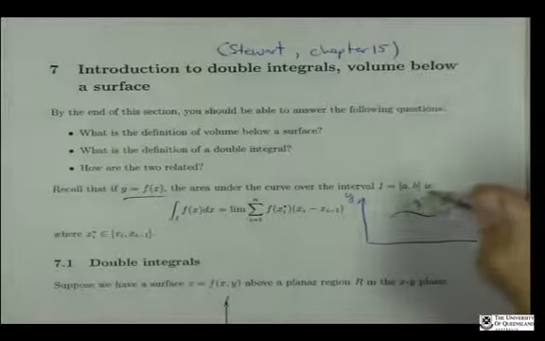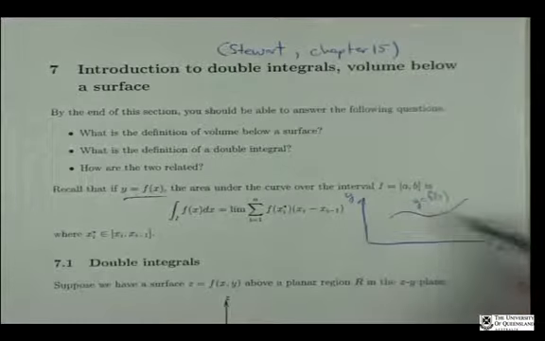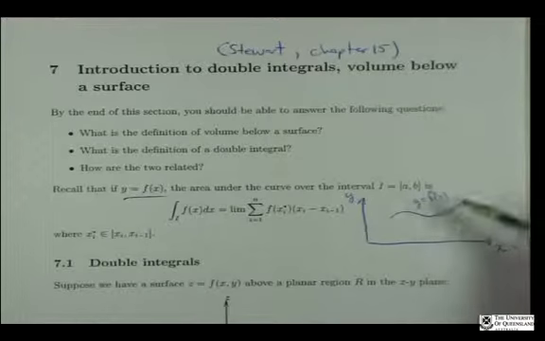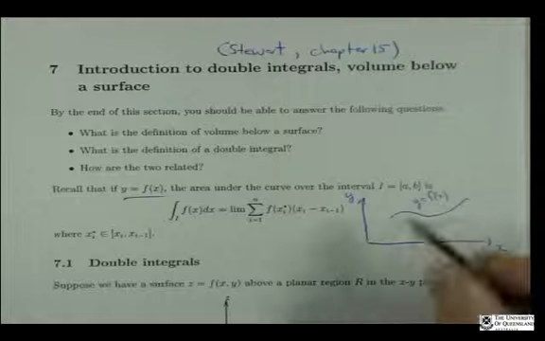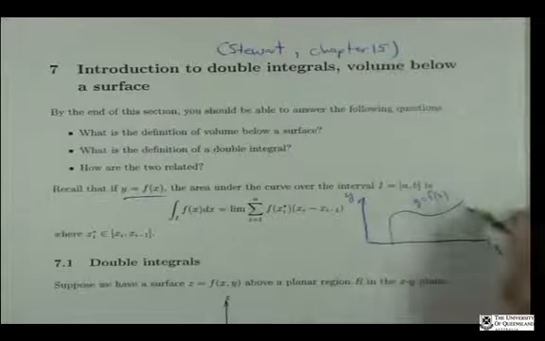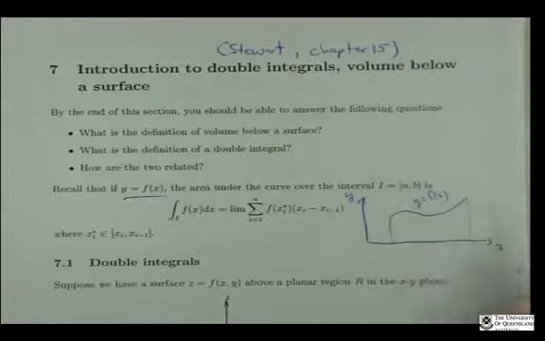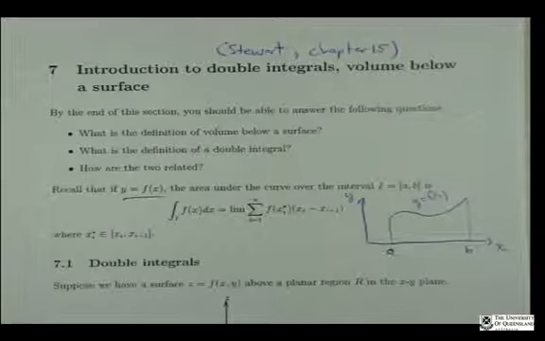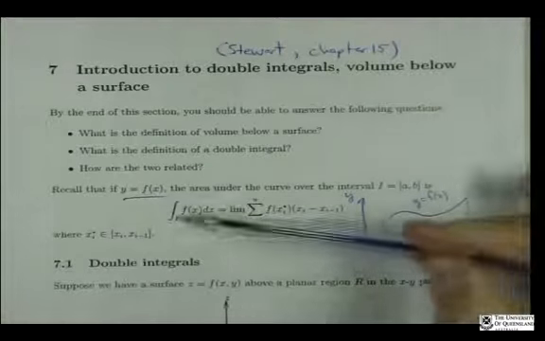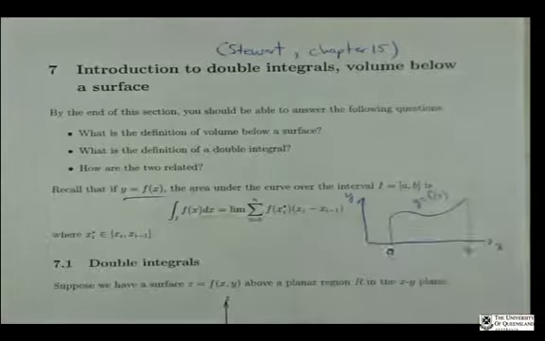So if this is y equals f of x, so the curve is defined by that function f, we can use this function to calculate the area below this curve and above the interval on the x-axis between, say, values a and b. Or here I've just used a subscript I for interval, some interval in the x direction.